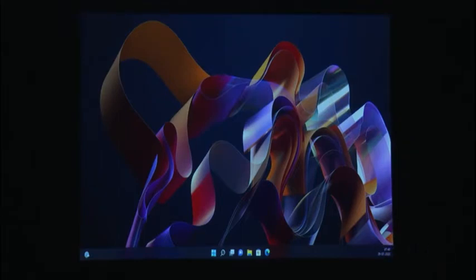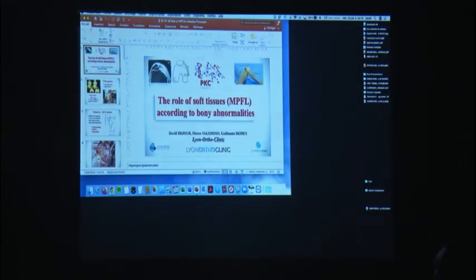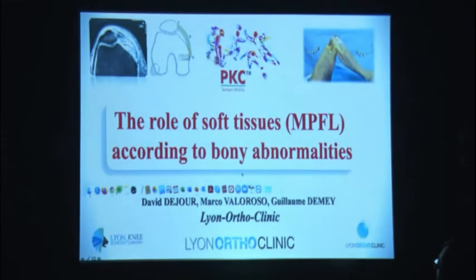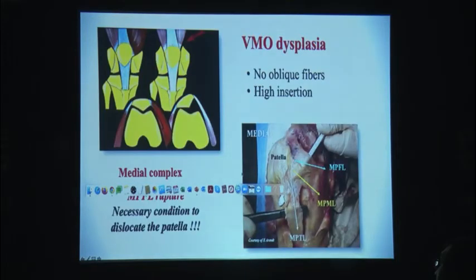And we will start by looking at the MPFL and the way to treat the soft tissue part. First of all, you need to know a little bit more about the role of the soft tissues and the MPFL according to the bony abnormalities, of course.